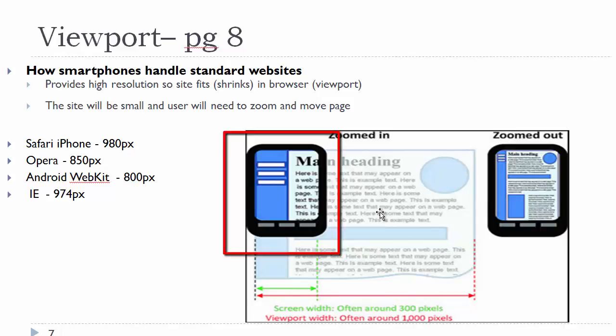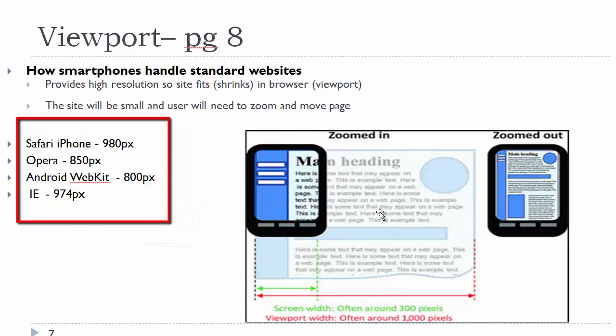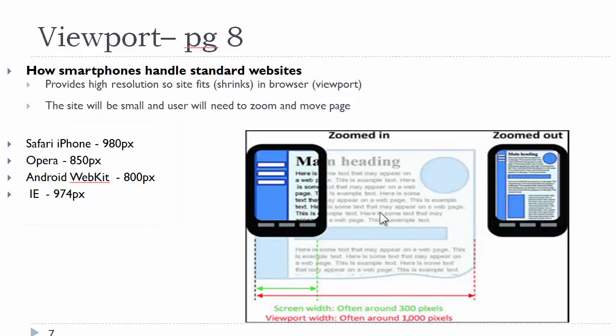And this is how phones are set up. They actually have an internal resolution which is relatively comparable to a desktop resolution. And they do this so that they can fit the site inside the phone, so at least you can see it in the event that the user did not develop a mobile site or a responsive site.